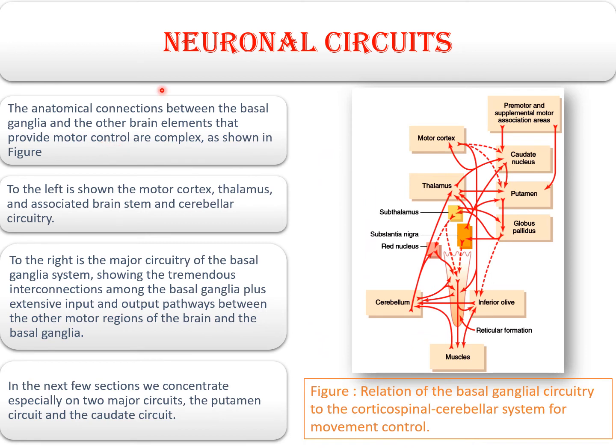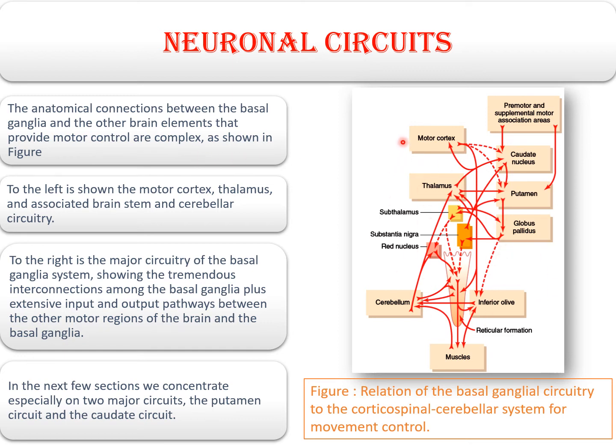Now there are certain neuronal circuits that are present in the basal ganglia and other structures. So now we will discuss the neuronal circuits. The anatomical connections between the basal ganglia and other brain elements that provide motor control are complex, as shown in this figure.